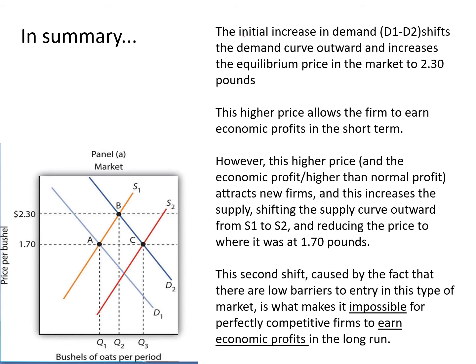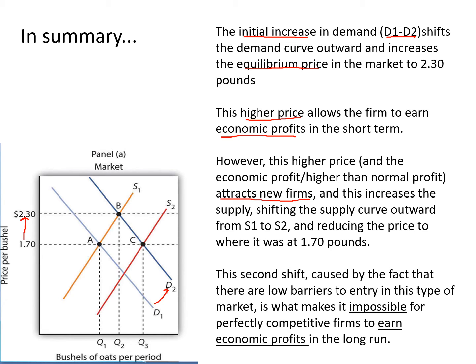So to summarize, the initial increase in demand, represented by this shift in the demand curve from D1 to D2, leads to a new equilibrium price which is higher than before, an increase in the equilibrium price from 1.7 to 2.3. But this higher price, which allows for an economic profit, will attract new firms to enter into this marketplace.